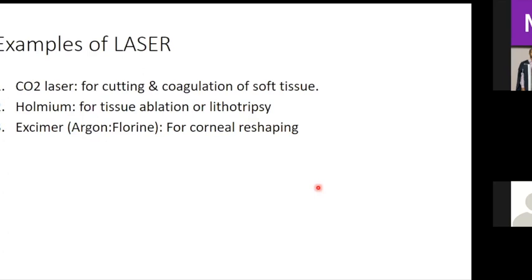It's for corneal reshaping. These are according to the different wavelengths, whether short or long. For example, this one is short wavelength because you don't want to penetrate the eye too much, because you might cause damage to the adjacent structures. So this all depends on the wavelength.